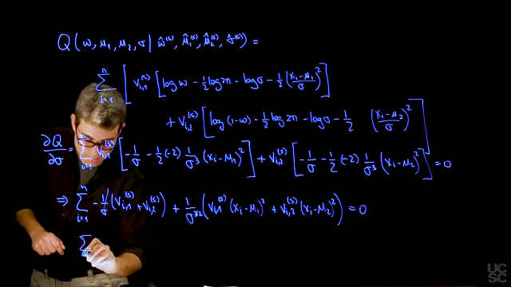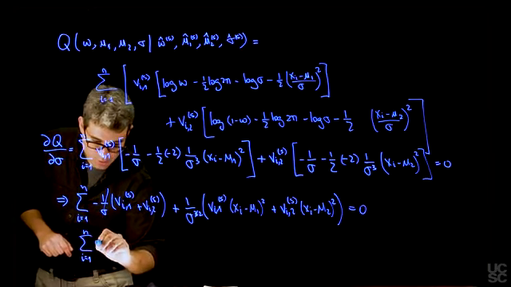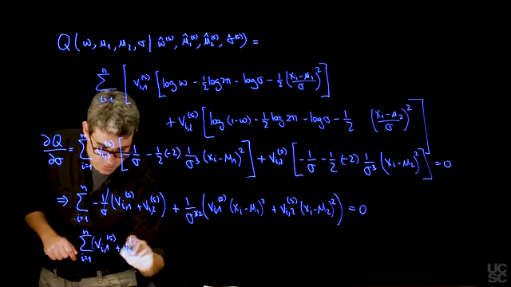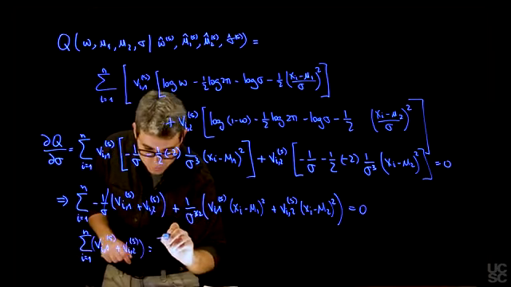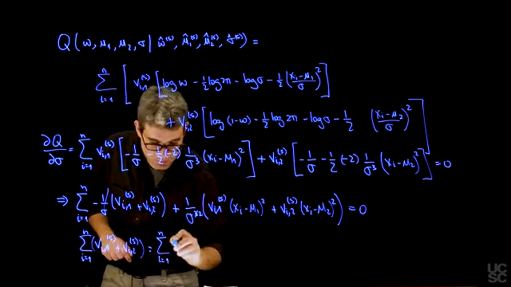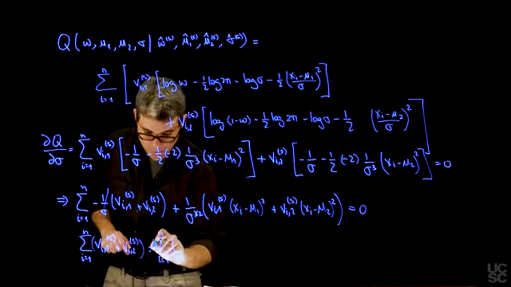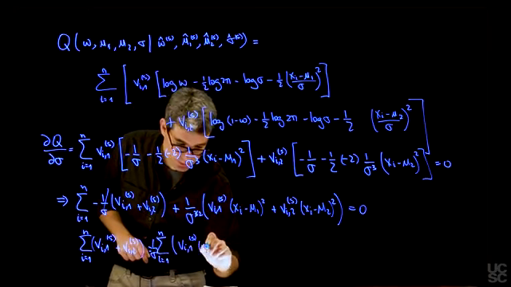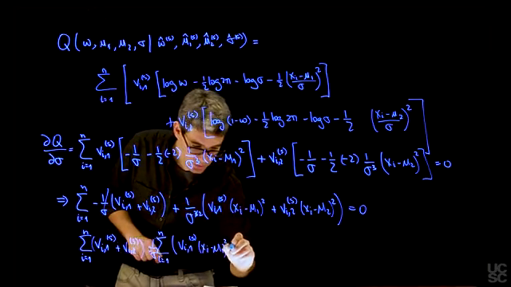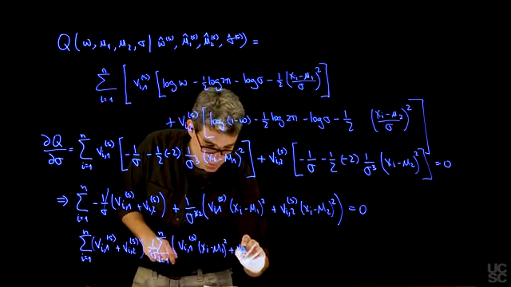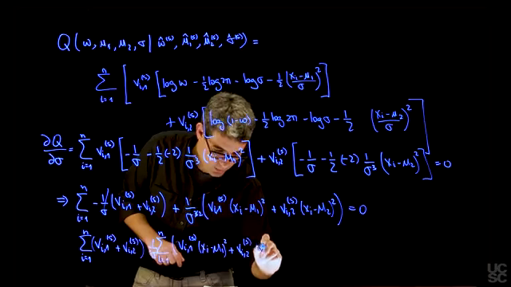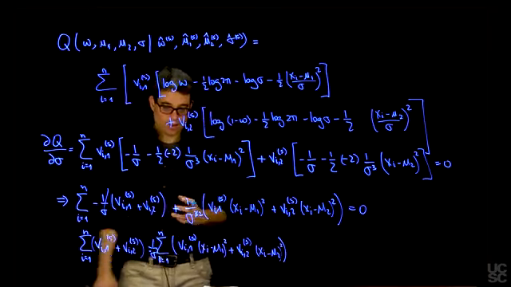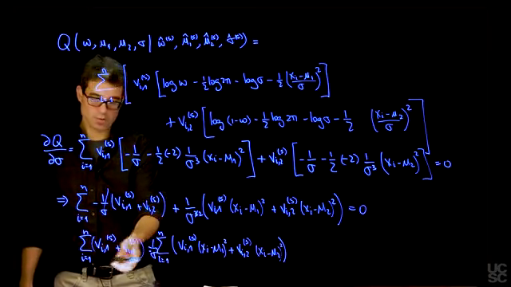So I'm going to end up with the sum from 1 to n of bi1 of s plus bi2 of s has to be equal to the sum from 1 to n of 1 over sigma squared, bi1 of s times xi minus mu1 squared plus bi2 of s times xi minus mu2 squared. Now this ends up being very simple, so I can move the 1 over sigma squared to the other side.